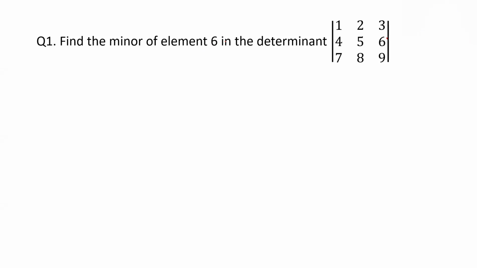So it's 14 minus 8, minus 6. Oh, sorry. This is 8 minus 14, that is minus 6. Okay, final answer is minus 6. We will remove this row and this column. So 8 minus 14 is minus 6. Very good, that is correct.